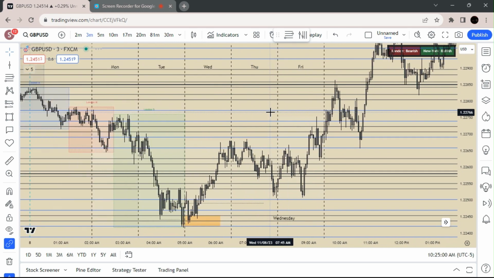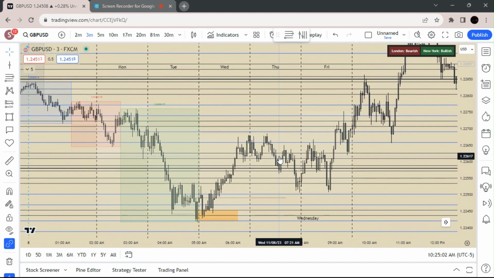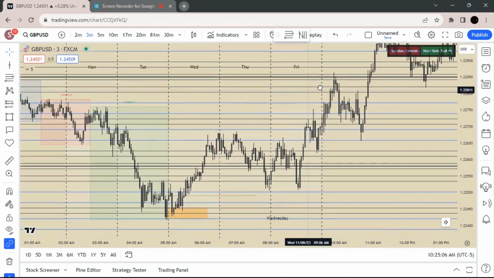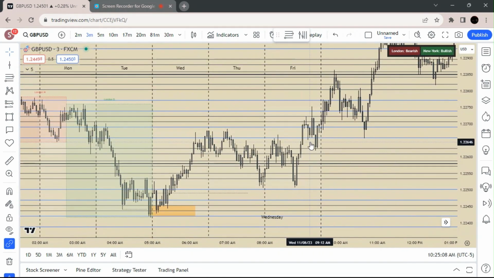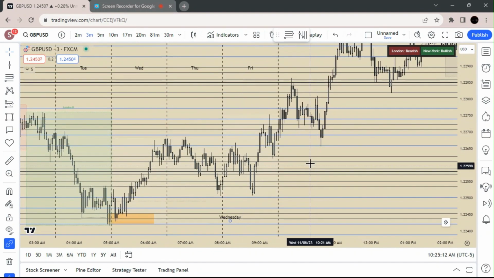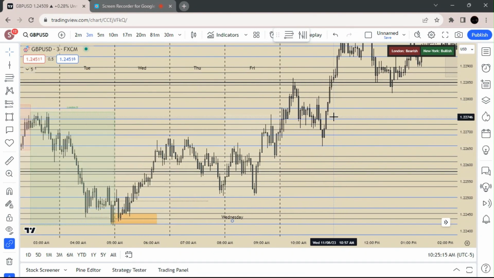Let's see, so right here we had a continuation in New York instead of a reversal. So when this happens, you just have to look for either reclaims or breaker rejections.